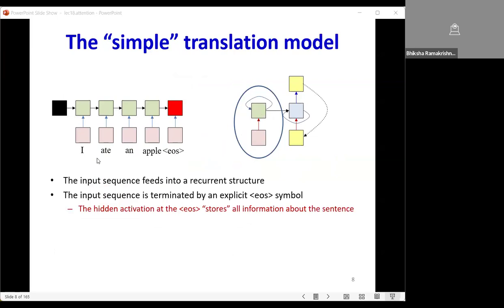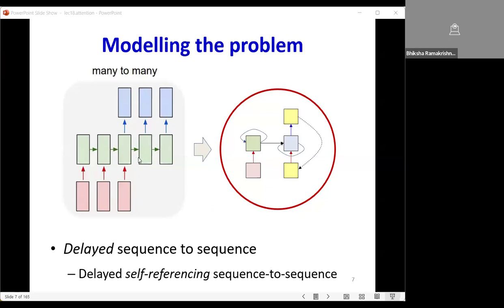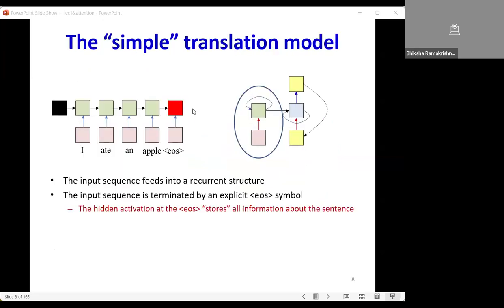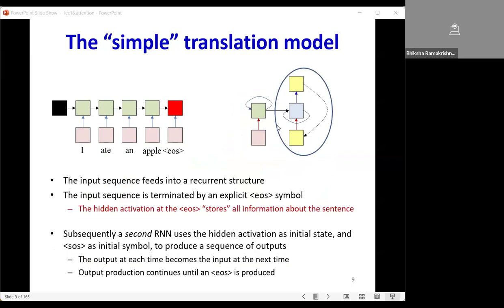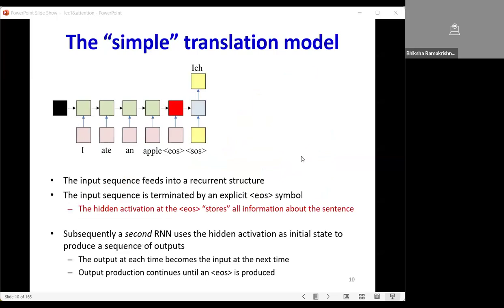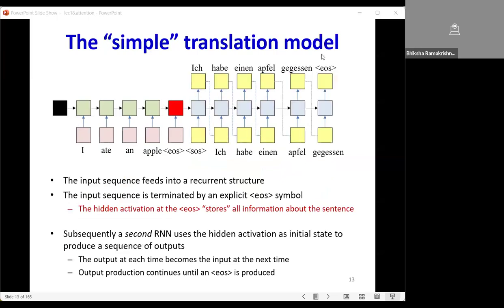If you gave it an input, like I ate an apple, then the first component of the model would process it and generate a hidden representation at the end of sequence marker. And then subsequently, the second network would use this hidden activation as the initial state and the start of sequence marker as the initial symbol and go ahead and produce a sequence of outputs till it encountered a terminal end of sentence marker.